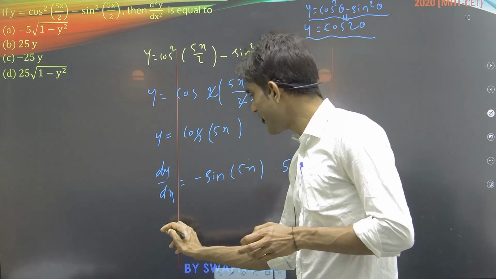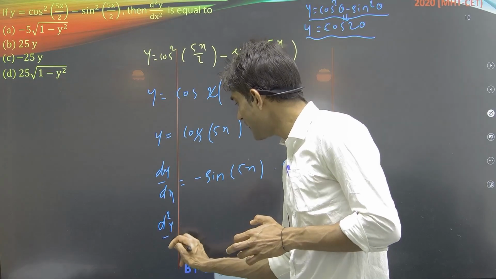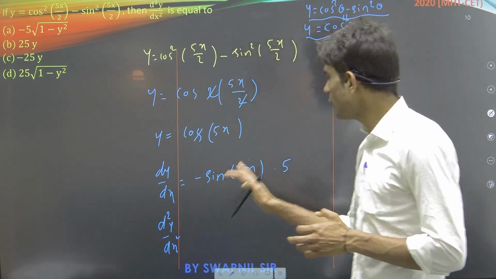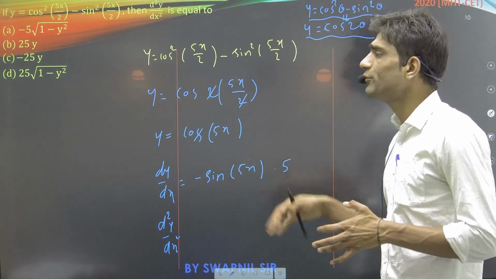Next, we find d square y by dx square. That means we have to differentiate minus 5 sine 5x one more time.